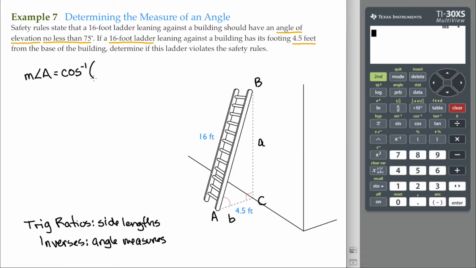And that's going to be side B over the hypotenuse. So this is the cosine inverse of 4.5 over 16.